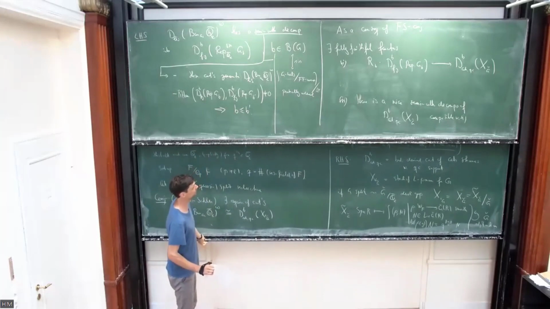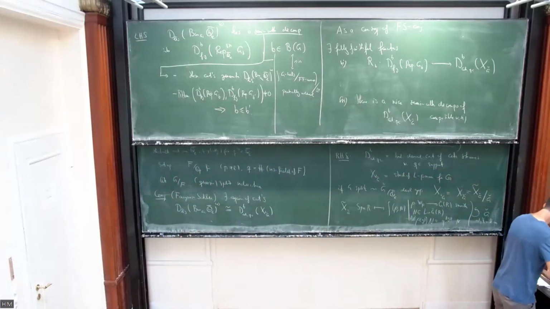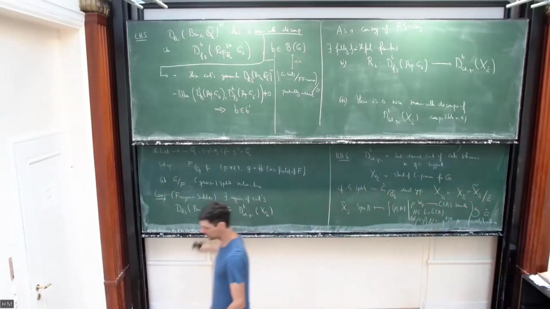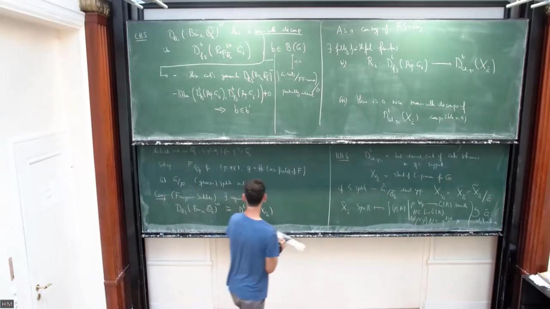So let me maybe only erase half of the board first, because the parabolic conjecture comes still with a bit of extra structure.